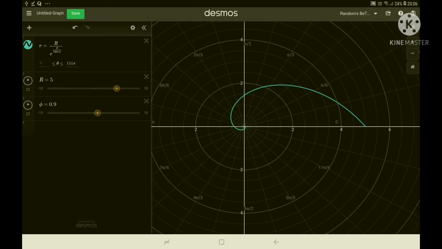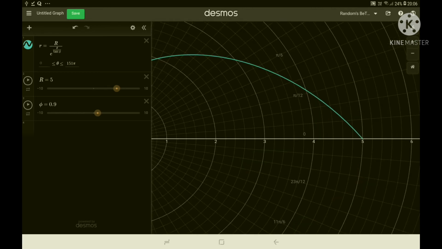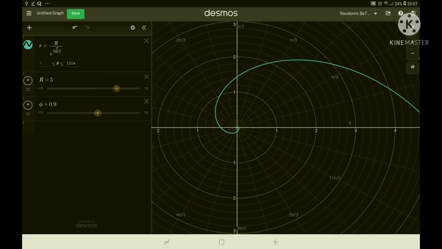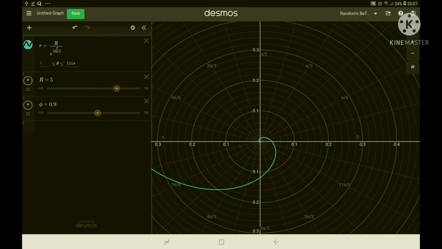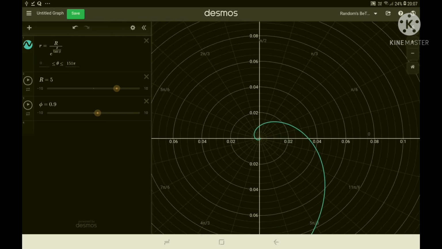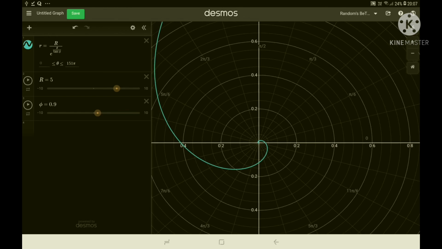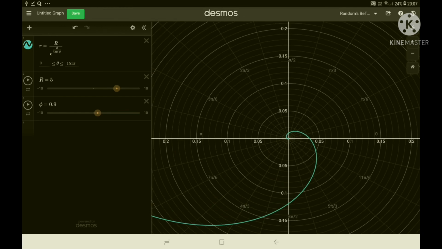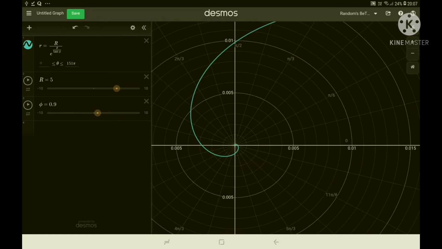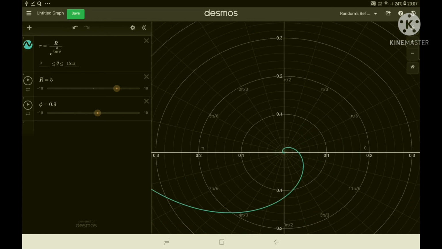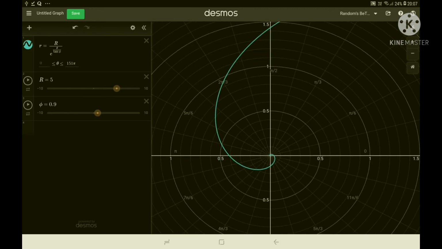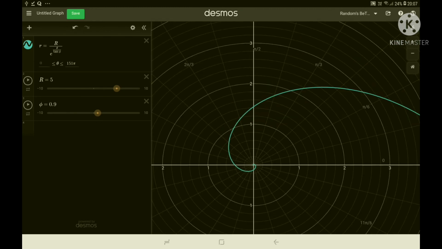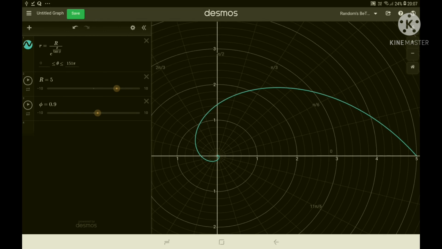Yeah, so initially it started from 5, went on a spiral to reach 0, and to be honest it should reach 0 quite fast, because the distance between itself and the light source decreases at a constant rate, so it will reach 0.